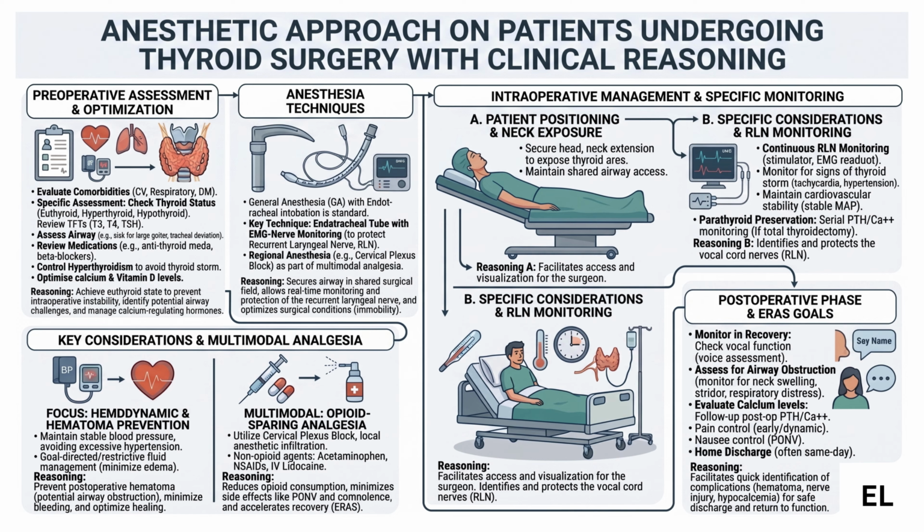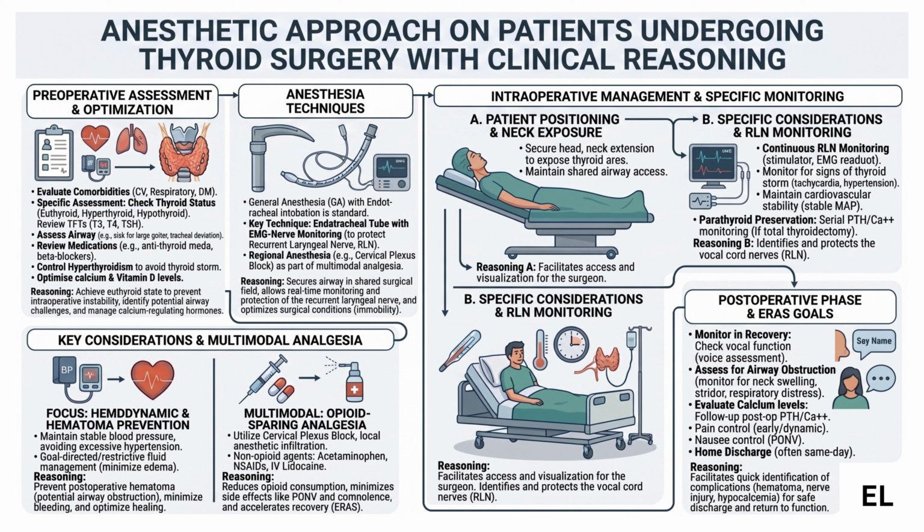However, it also requires careful padding and support to prevent nerve injuries and ensure patient comfort. At the same time, we must maintain easy access to the airway, since any sudden swelling or complication could compromise ventilation.